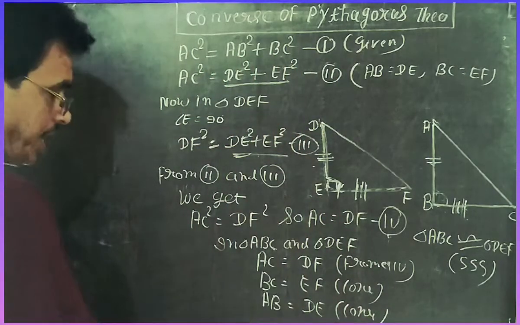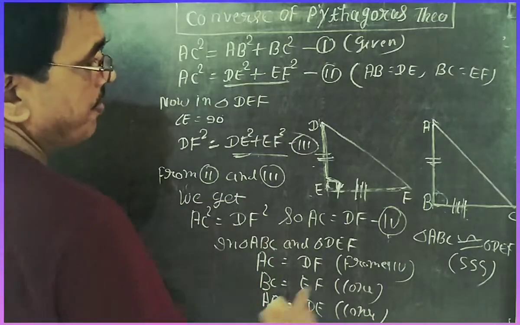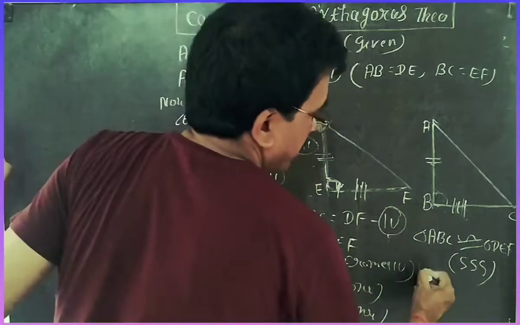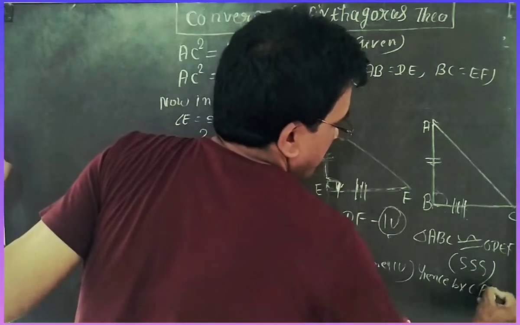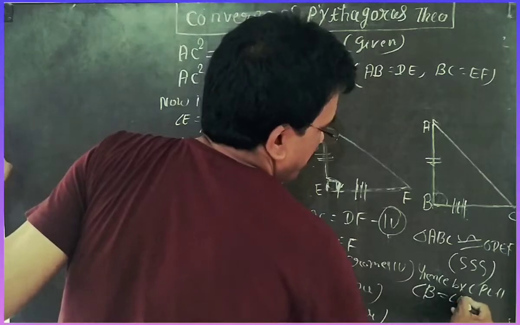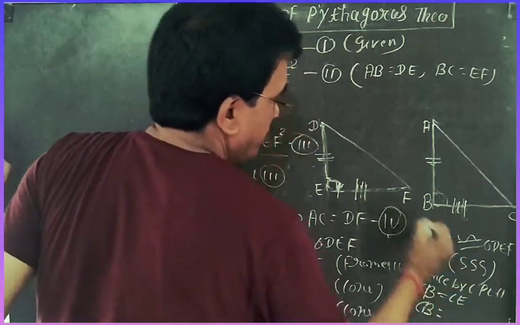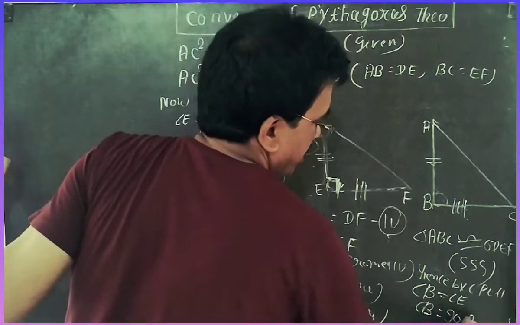If both triangles are congruent, then by CPCT angle B is equal to angle E. Hence by CPCT angle B is equal to angle E. So B is equal to E, already given in construction as 90 degree. So B is 90. That is proved.